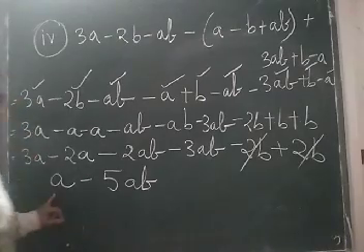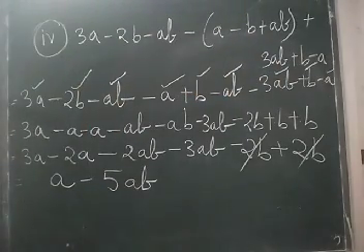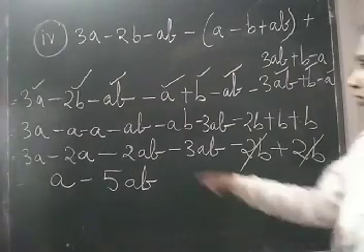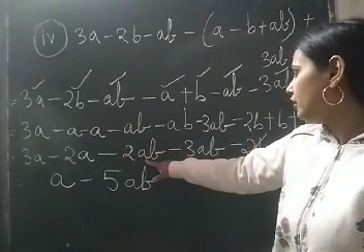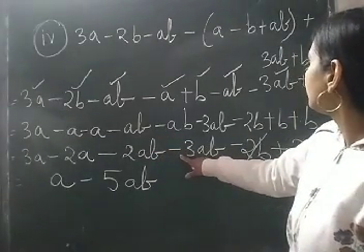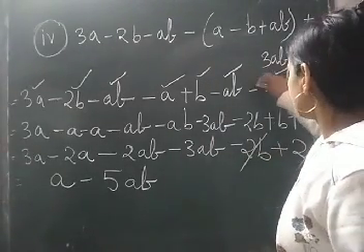So this is your answer: a minus 5ab. This is only the fourth one, no? I hope I have not left anything. AB, 2AB, 3AB is plus. This is the mistake here.